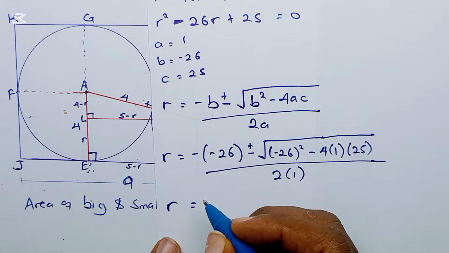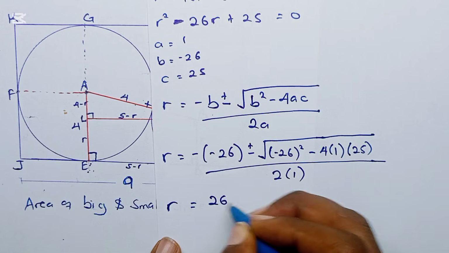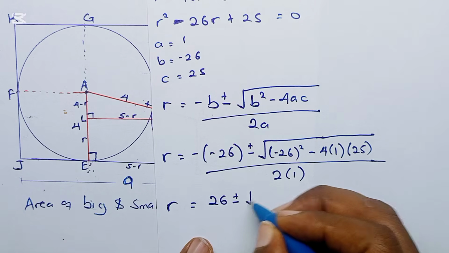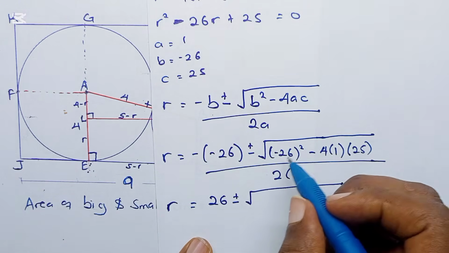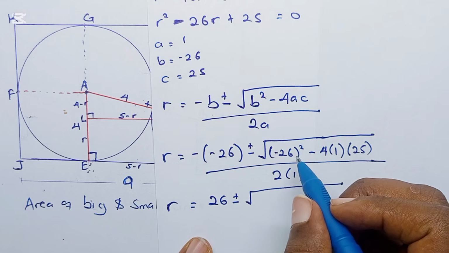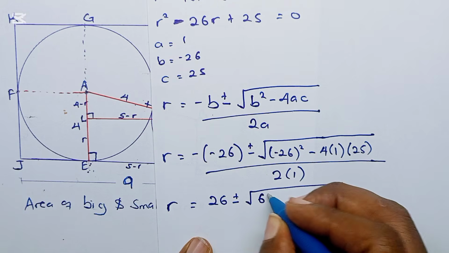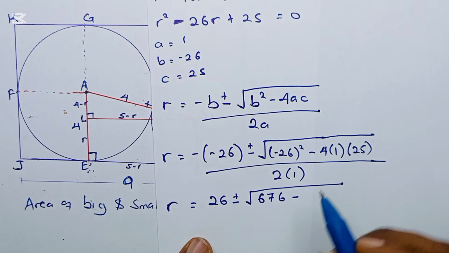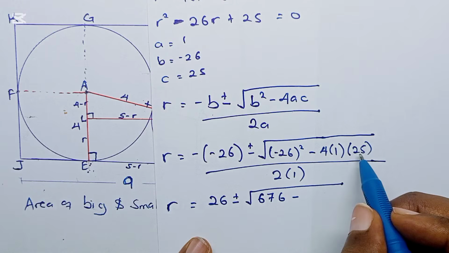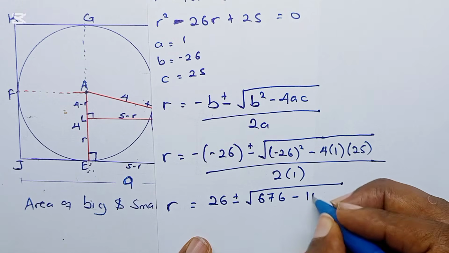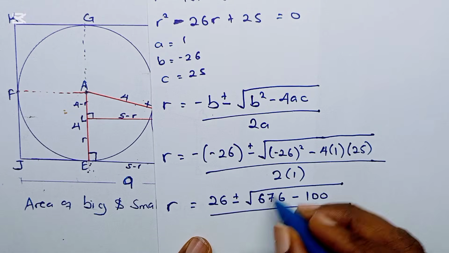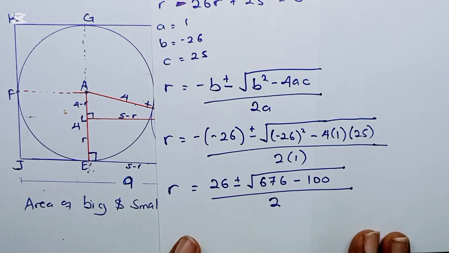So R is equal to 26 plus or minus, negative 26 times negative 26 gives us positive 676, minus 4 times 1 is 4, 4 times 25 is 100. So minus 100 over 2 times 1 is 2.